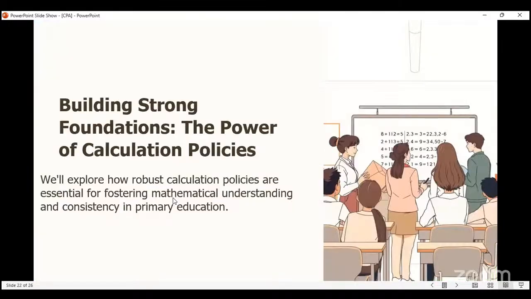So, building strong foundations: the power of calculation policy. We will explore how robust policies are essential for fostering mathematical understanding.